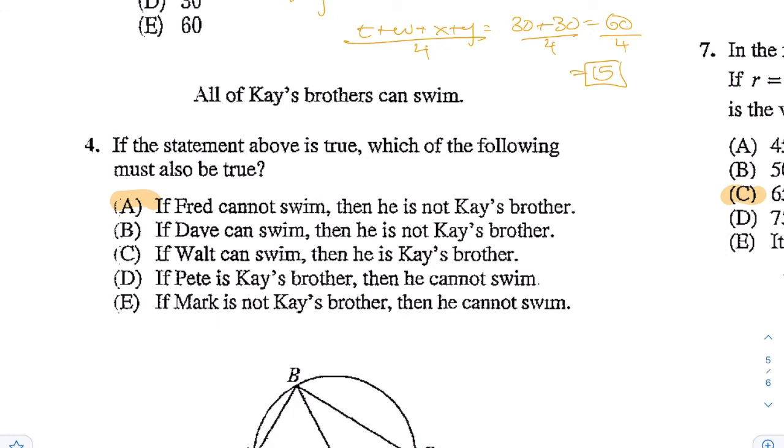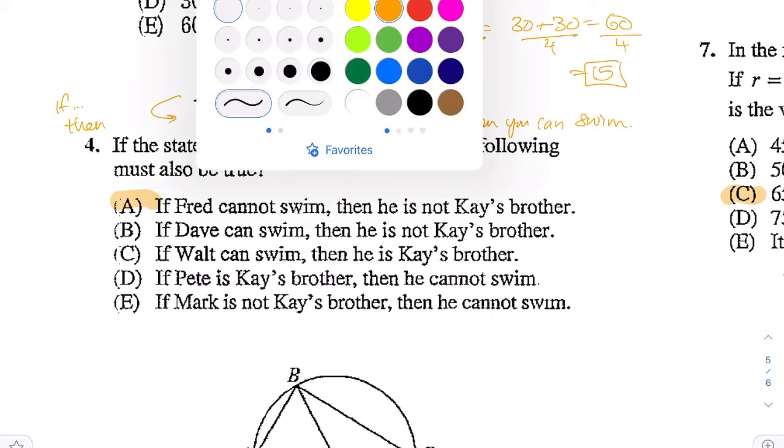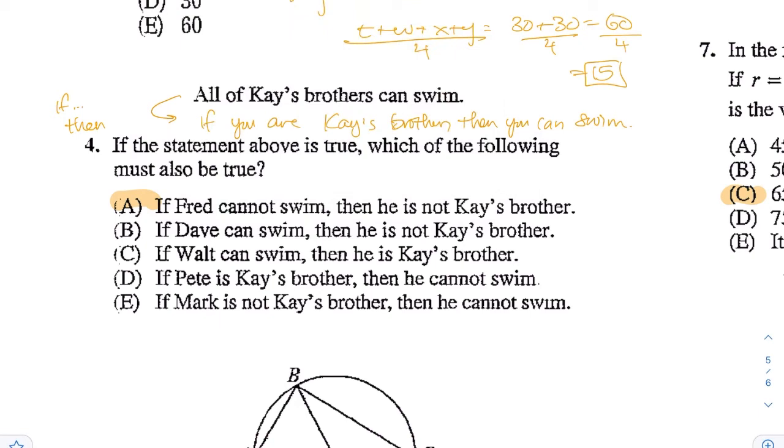So here you can actually turn this into an if-then statement. So if you are K's brother, then you can swim. And remember the truth value, another statement with the same truth value is called a contrapositive.